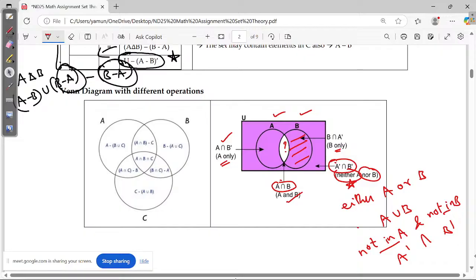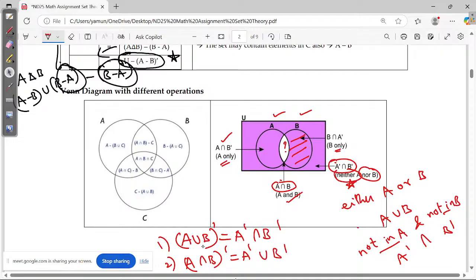Okay. And also, if you take the help of De Morgan's law, you know De Morgan's law, probably I don't know how far you can recall, but I've done it in the school days. A union B the whole dash can be written as A dash intersection B dash. This is one De Morgan law. The second one is A intersection B the whole dash can be written as A dash union B dash. If you have union here, you will get intersection here.